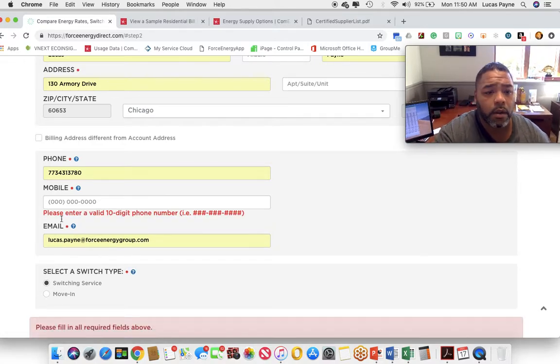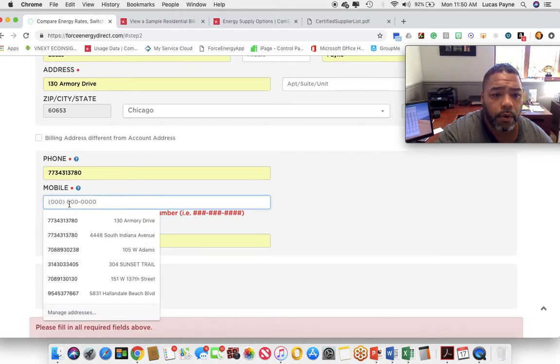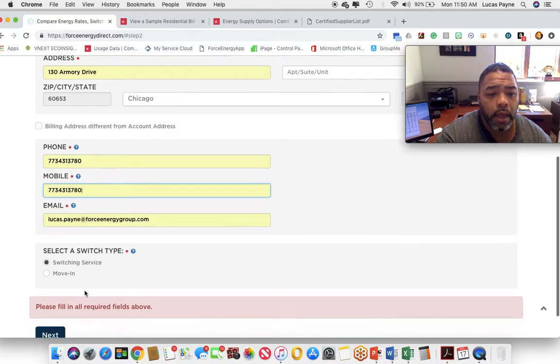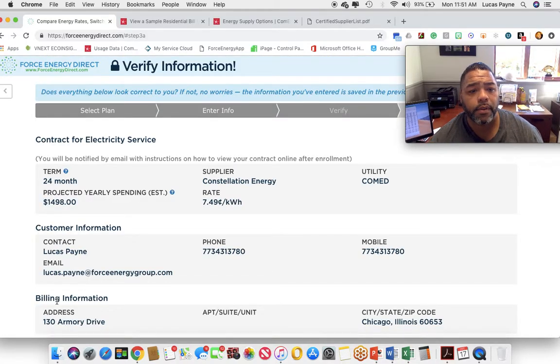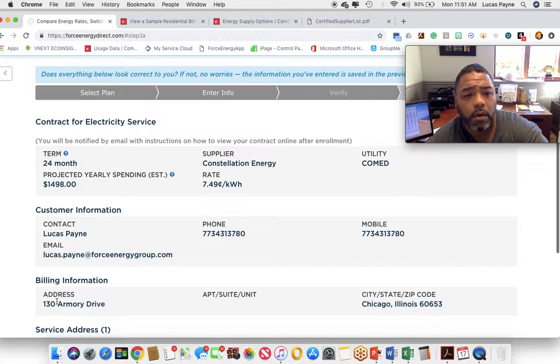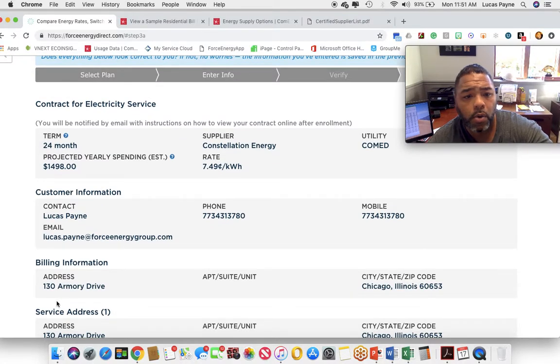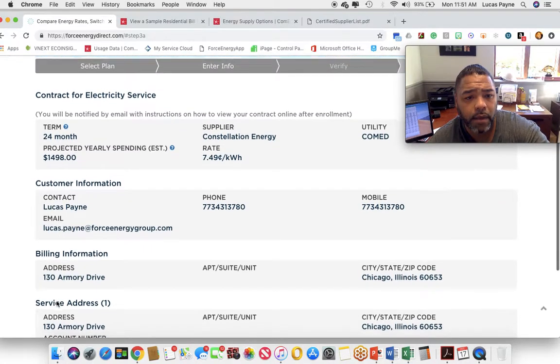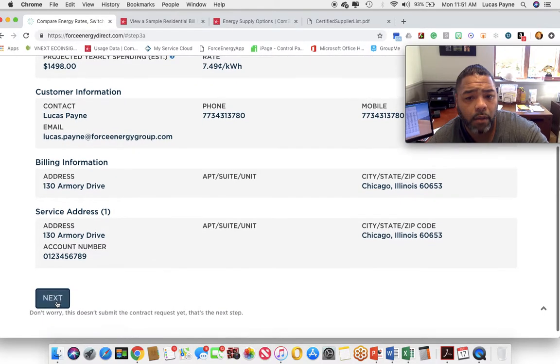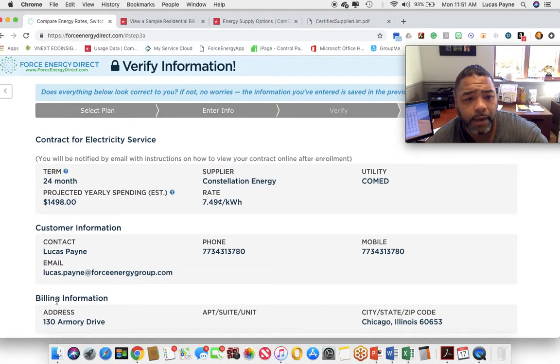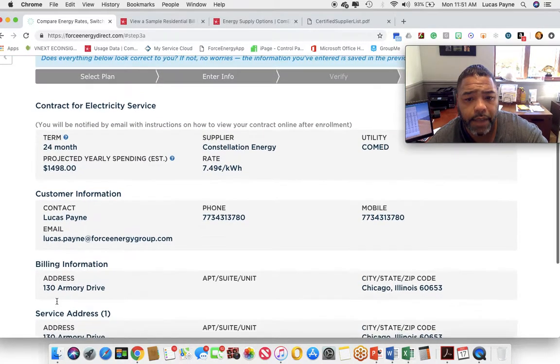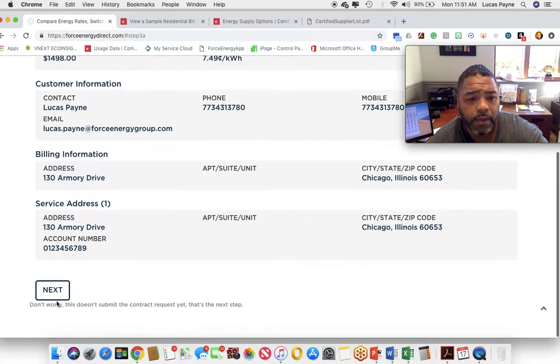Click next here. And again, it's going to ask me for a phone number because I didn't put one. So we're going to click next. It's going to show an estimate of everything that we talked about, their yearly spending, and of course the savings, which we've already showed them, is on the front.